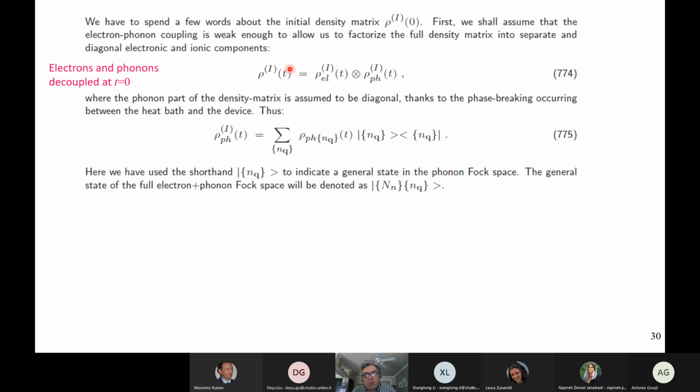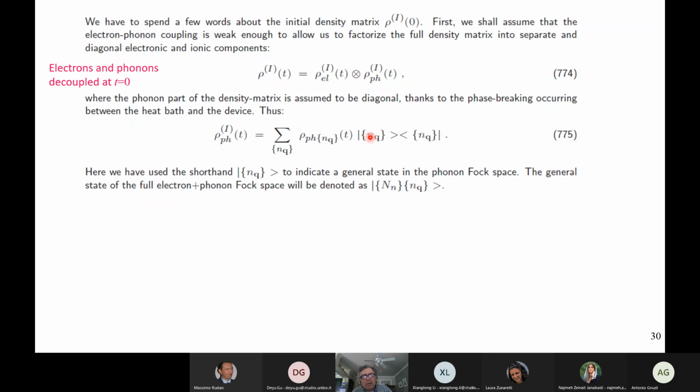So I can write the total density matrix as a product. Okay, it's a tensor product because they're operators. So this is a funny product in operator space of the phonon density matrix and the electron density matrix separately. And the phonon density matrix I will write in a representation of the Q state. I'm not writing a branch index eta, but in principle I could, just for simplicity, and I take here the Fock states.